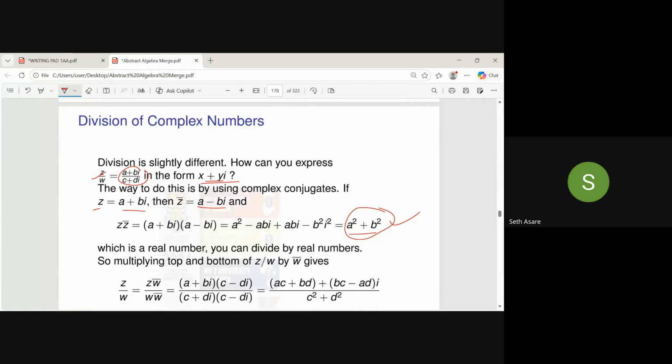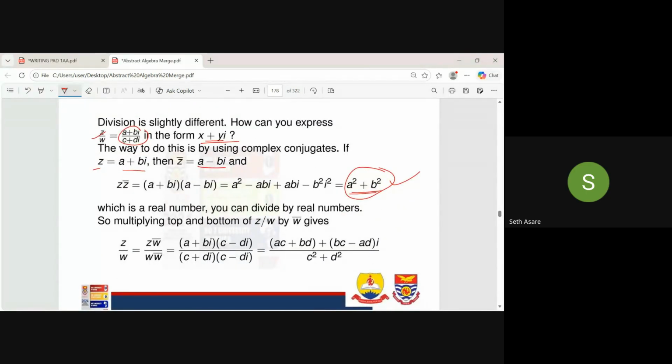All right. That is something we should know. So we'll come to that. Now, what do we want to do? We want to rationalize it, meaning that we will take the denominator, find its conjugate, and multiply both the numerator and the denominator by that conjugate. So what is the conjugate of w?